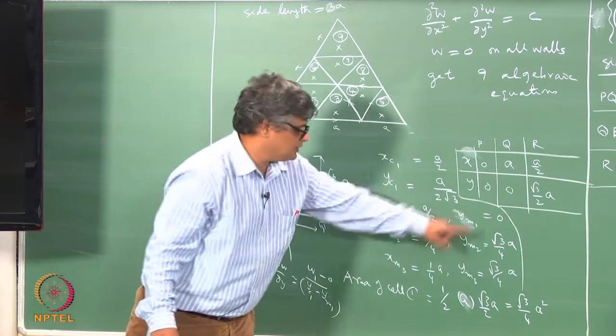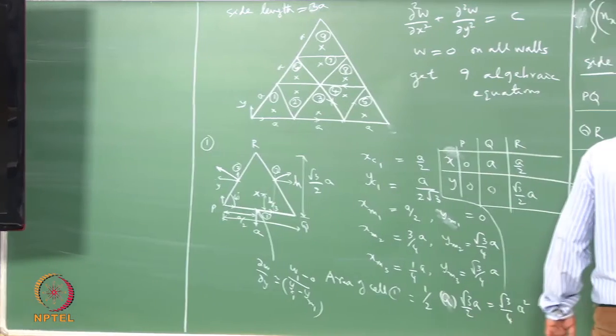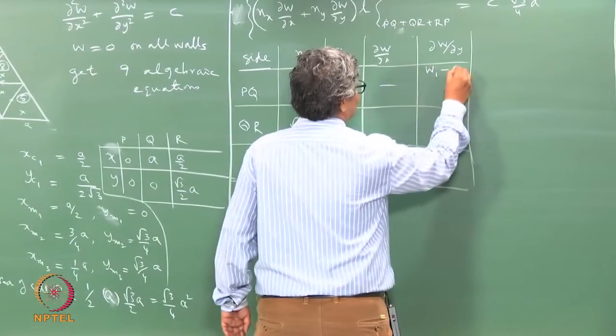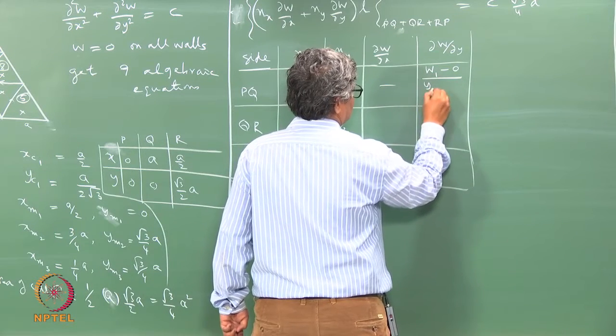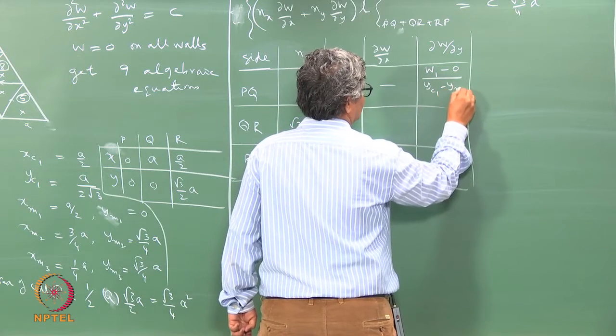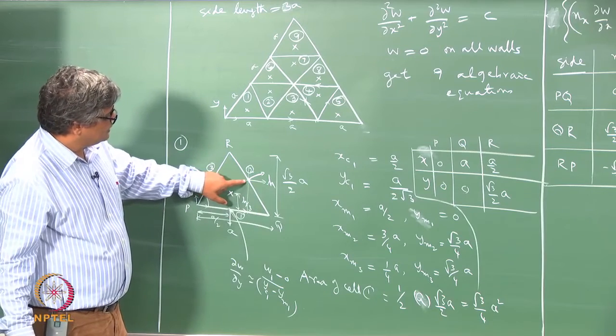So we can write the gradient here as w1 minus 0 divided by yc1 minus ym1.